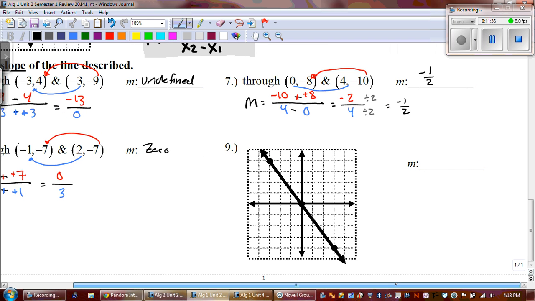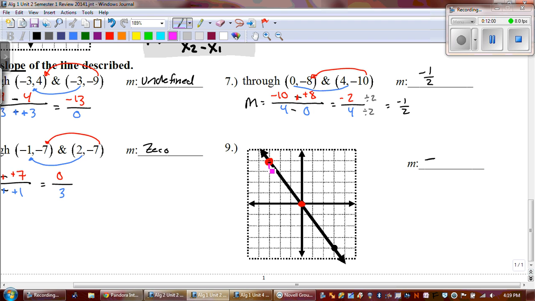All right, the last one we've got is number 9, and this is one where we have to do it ourselves. So remember, we read it from left to right. Pick 2 points. There's one. There's my other. Right away, I know that I have to go down. This is a negative slope, okay?